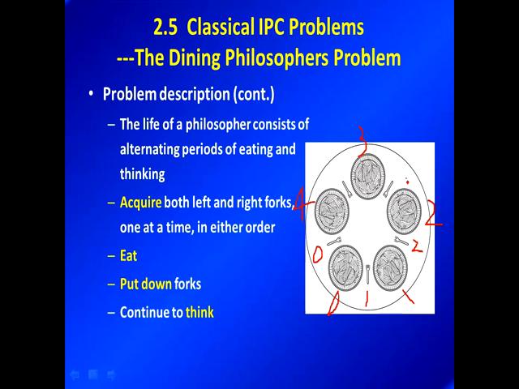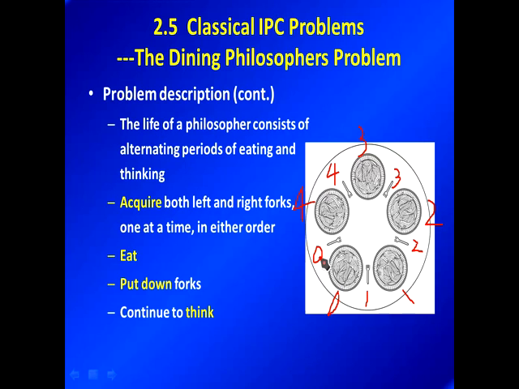So it means process 0 needs to get fork 0 and fork 1 to eat the spaghetti, right? So before process 0 starts eating spaghetti, it needs to take fork 0 and fork 1.